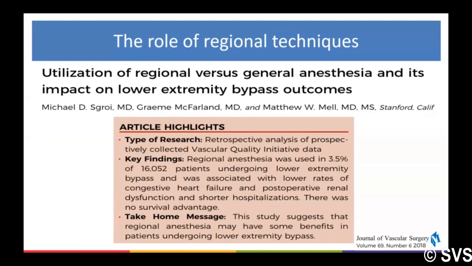Their findings were that regional anesthesia was used in 3.5% of more than 16,000 patients undergoing lower extremity bypass and was associated with lower rates of congestive heart failure and postoperative renal dysfunction and shorter hospitalizations. There was no survival advantage.